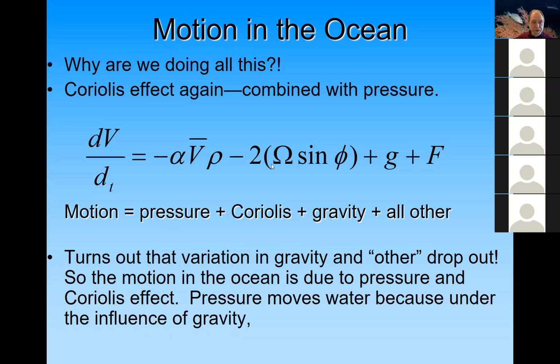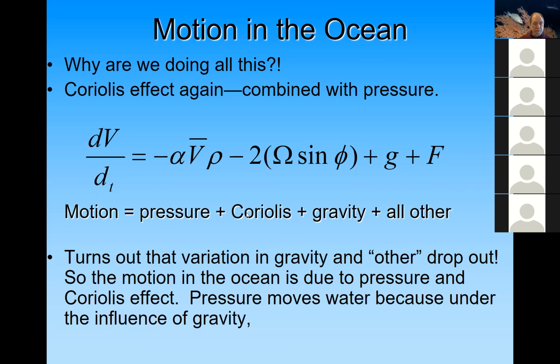So this is pressure, and then the Coriolis effect. And the Coriolis effect is proportional to the sine of theta, and the sine of theta in this case is the sine of the latitude. So the sine of latitude 0 is 0 at the equator and 1 at 90 degrees at the poles, plus gravity and plus all their forces.